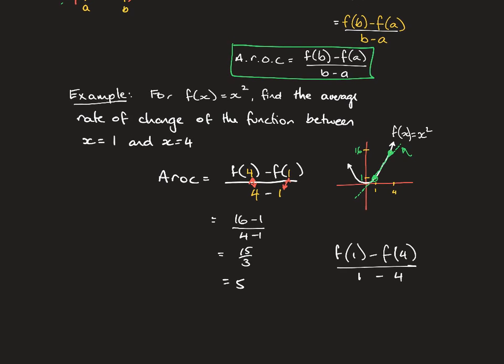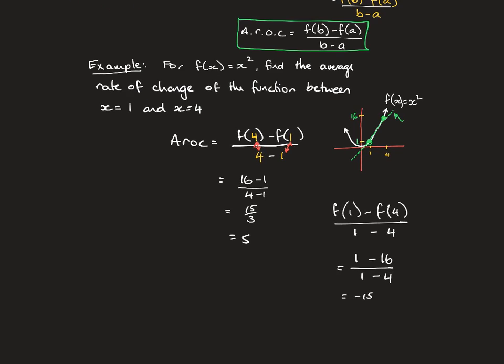So f of 1 is 1 minus f of 4 is 16 over 1 minus 4. So this gives us minus 15 over minus 3, which gives us the same answer as 5. So as long as you get the numbers in the corresponding position, it doesn't matter which order you do it. So that's why you don't need to draw a graph for these things.